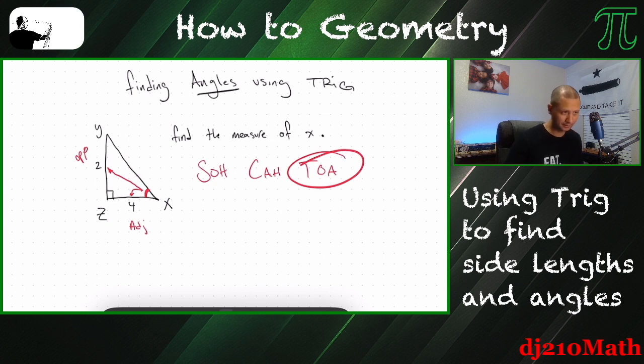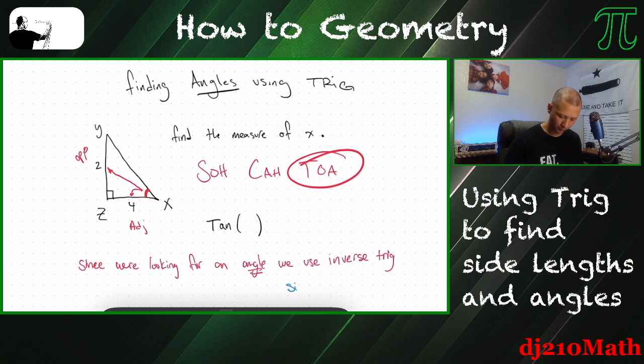So this means tangent of, so here's where it's slightly different, because, all right, since we're looking for an angle, we use inverse trig. And inverse trig is definitely calculator work.